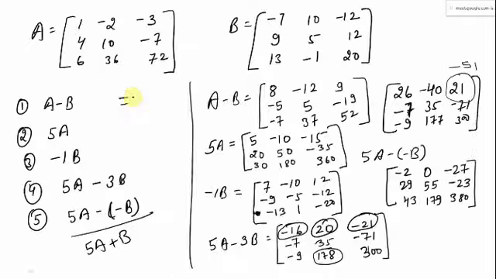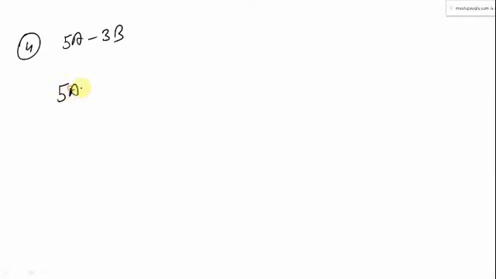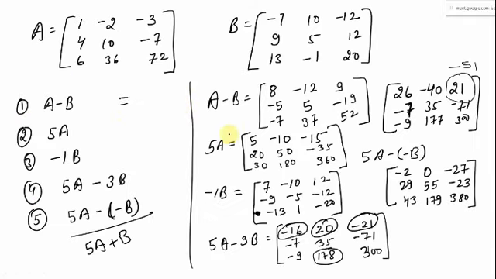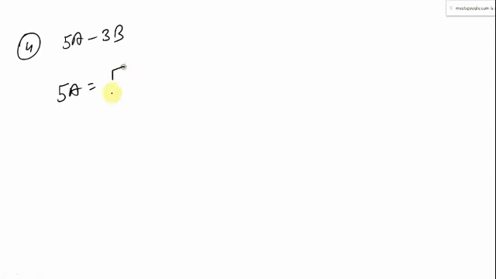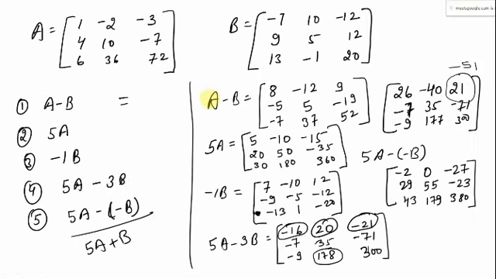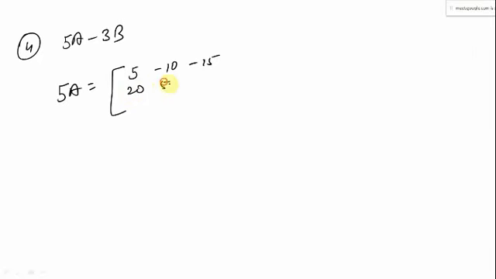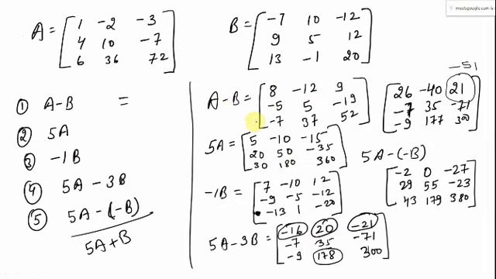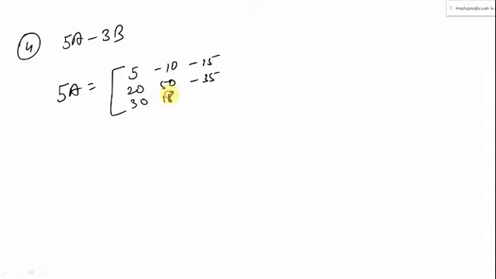The fourth question has asked 5a minus 3b. First let us find out 5a, which we have already done in the second question. 5a is this: 5, minus 10, minus 15, then 20, 50, 35, then 30, 180, 360. This is 5a.